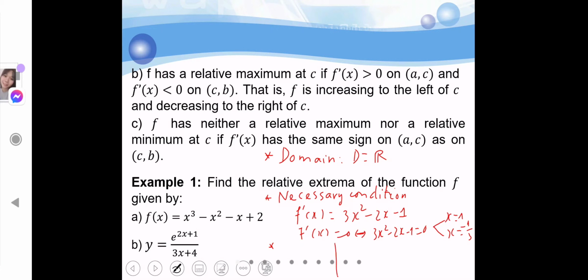Okay, and you establish the table x, f prime x, and f x in here. Minus 1/3, 1, 0, 0 in here, and we consider the sign of f prime: plus, minus, plus, increasing, decreasing. Okay, and the last step, conclusion.